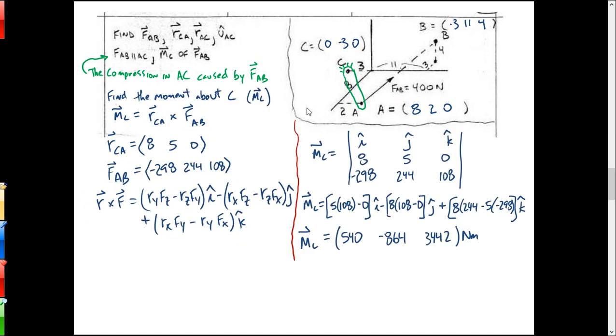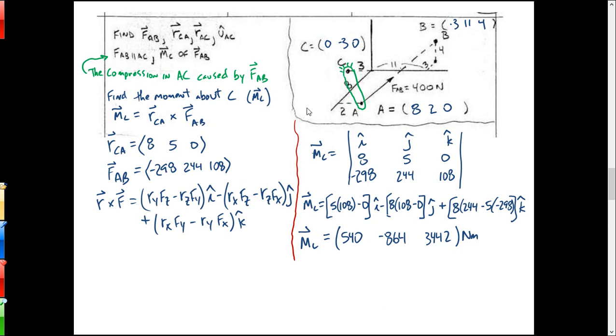Now, if I want the moment about C that force causes, I have to do a cross product. Okay? So I got M sub C is R from C to A. So think of the wrench head as being on C and going to your hand. So it originates at the point about which you're taking moments, which is C. Goes to A, that's 850.